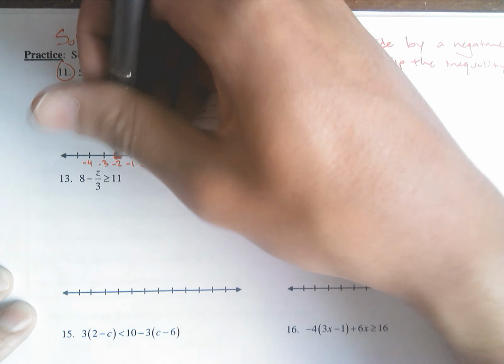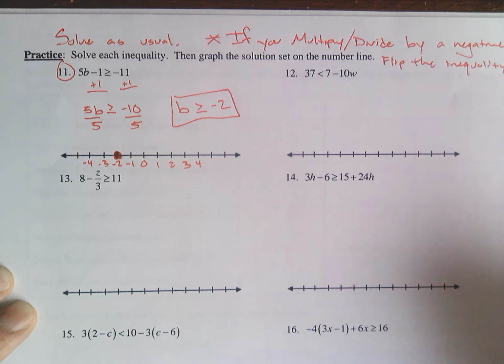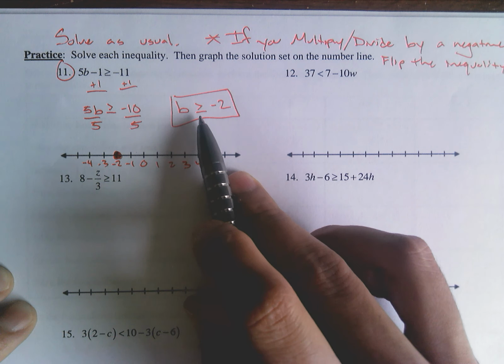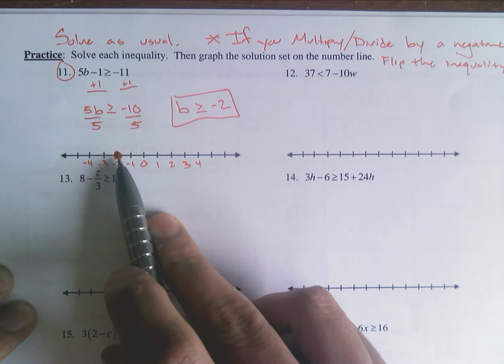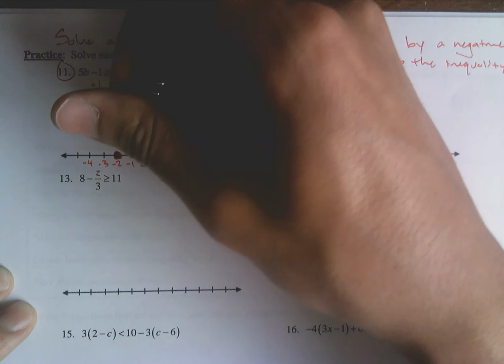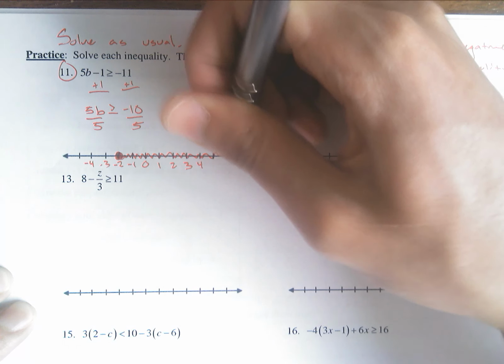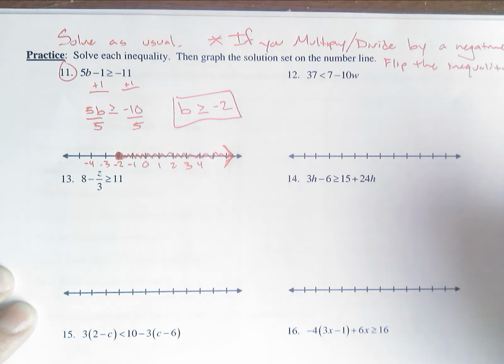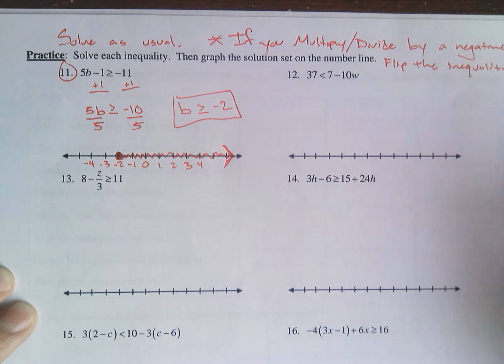So I'm going to do a filled in circle on negative 2. Now we have b is greater than or equal to negative 2. So I'm going to shade in all of the numbers that are greater than negative 2, or all the numbers to the right. So I'm going to shade in my number line. And I'm going to put arrowheads at the end of that shading because this continues on infinitely in the positive direction. So make sure you have that arrowhead as well.